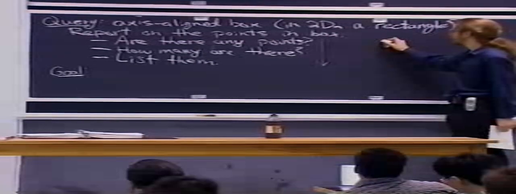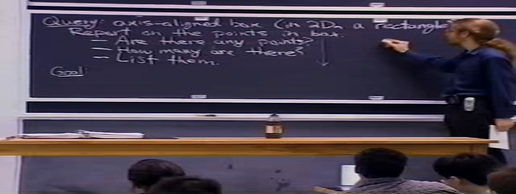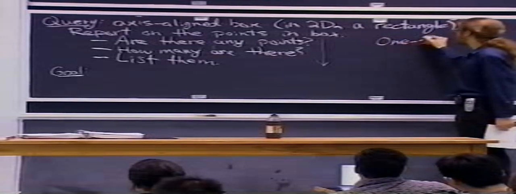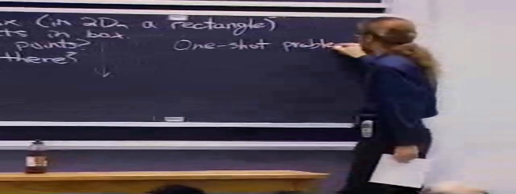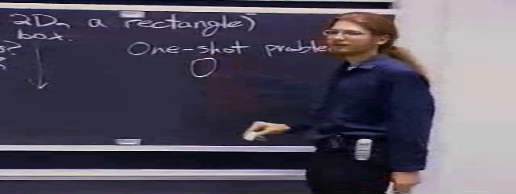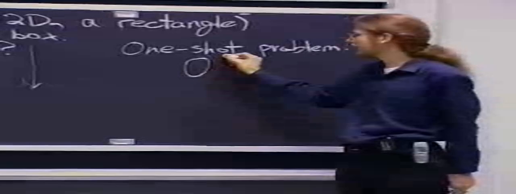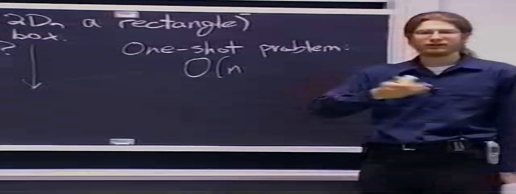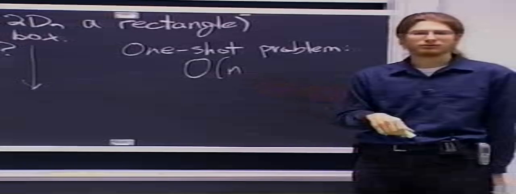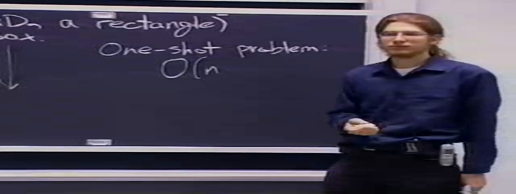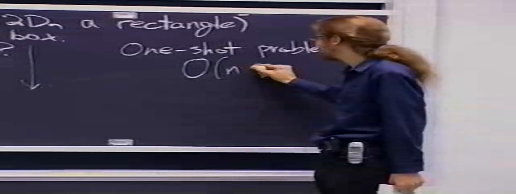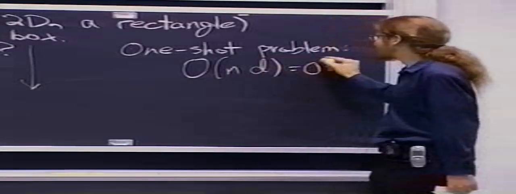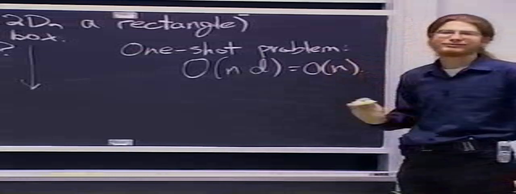So let's call this a one-shot problem. What's the running time of that algorithm? If I go through every point, that's order n. And then for each one, I have to check whether it's in the right bound. So just a constant. Well, it depends on what dimension you're working in. If you want to be careful, it's n times d. But you're right. I'll pretty much assume today that d is a constant. Okay, good.